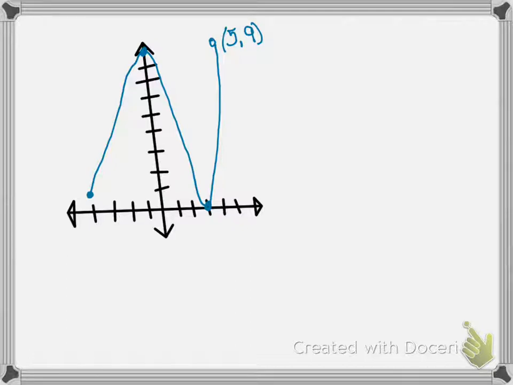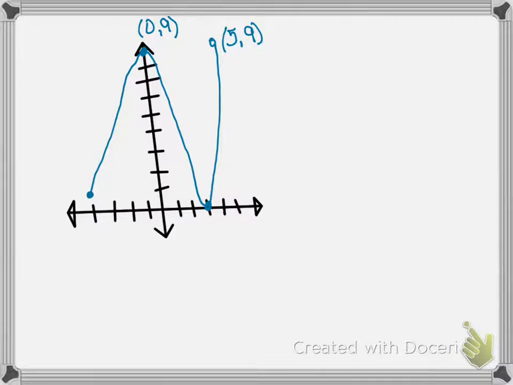This point right here, at my very top, what point is that? What's my x value on that one? 0. Good. And we can count 1, 2, 3, 4, 5, 6, 7, 8, 9. So that's that point right there.